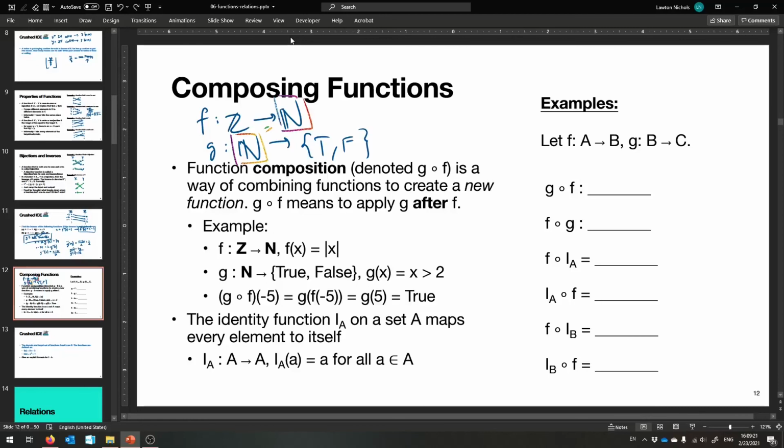So when you compose them, you take the same thing as the first function. You take the same element as its domain. We took an integer, but we give back the element of the second function's codomain. Okay? So you kind of like get rid of these things right here. Yeah? They kind of like meld away.